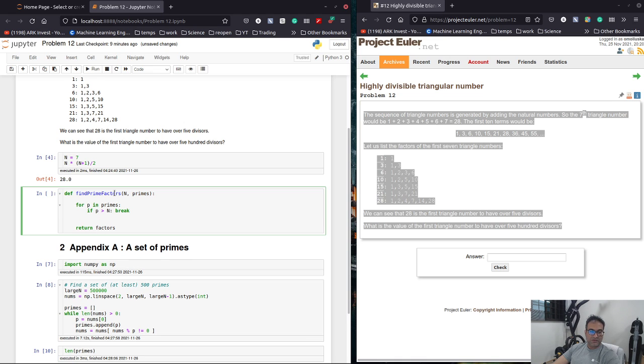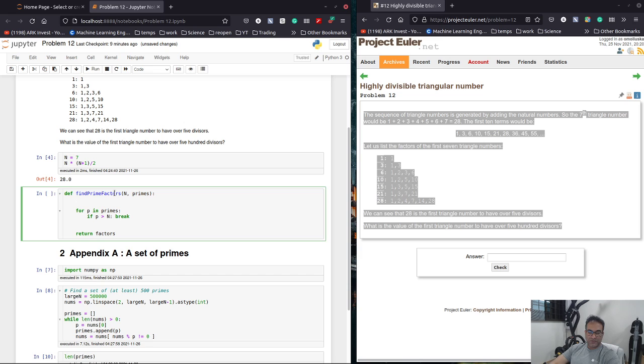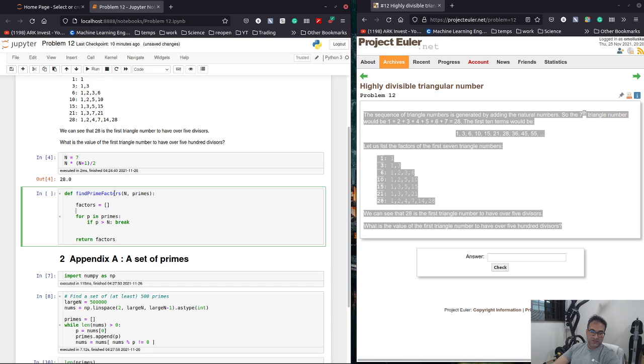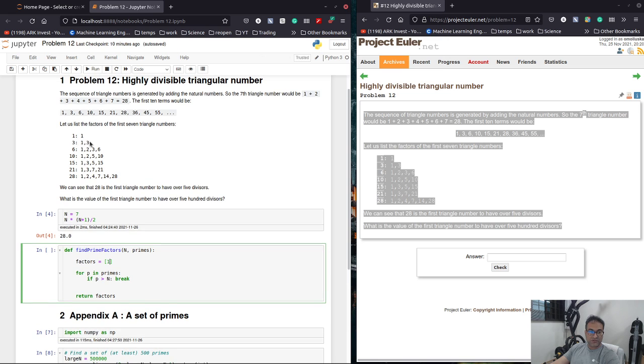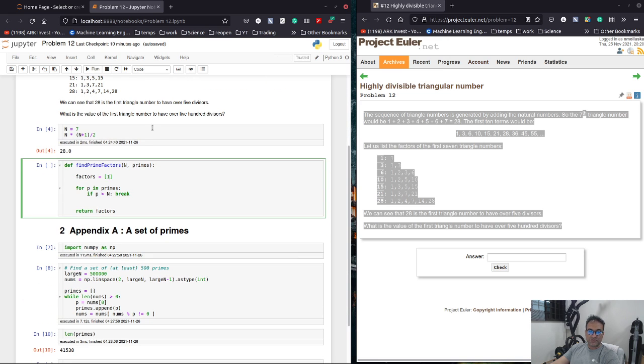Okay, and we create a set of factors. Start with the factor 1, because as you can tell, don't worry about it. We want the prime factors.